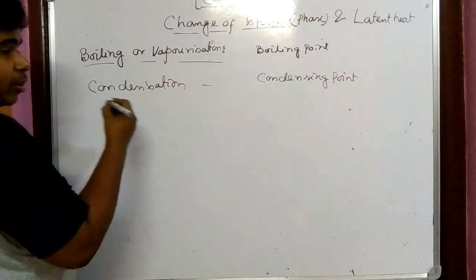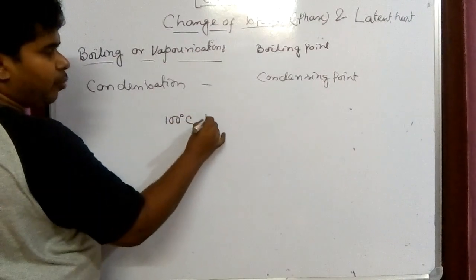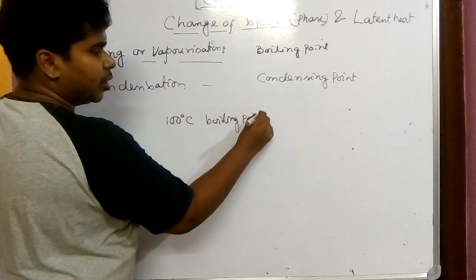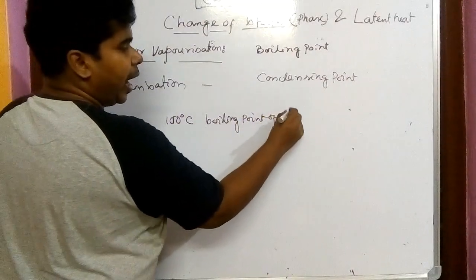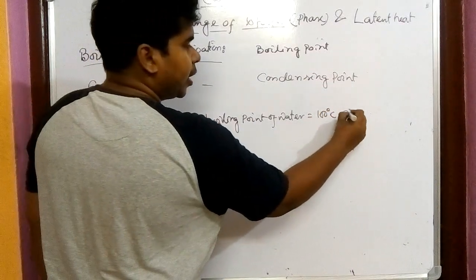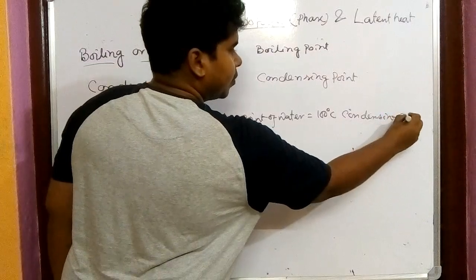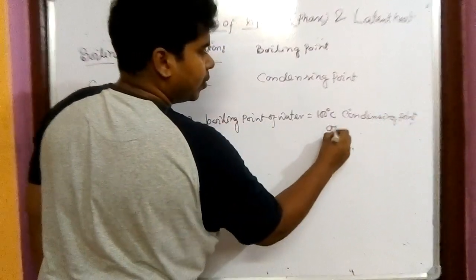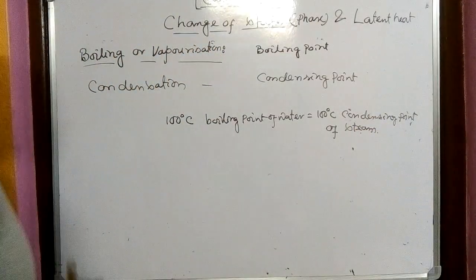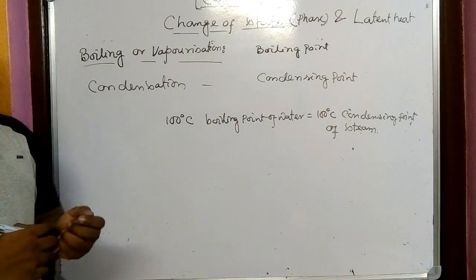We know for the case of water that 100 degrees centigrade is the boiling point of water, and similarly 100 degrees centigrade is the condensing point of steam, that is the gaseous form of water. So for pure substance, the boiling point and condensing point remain the same.